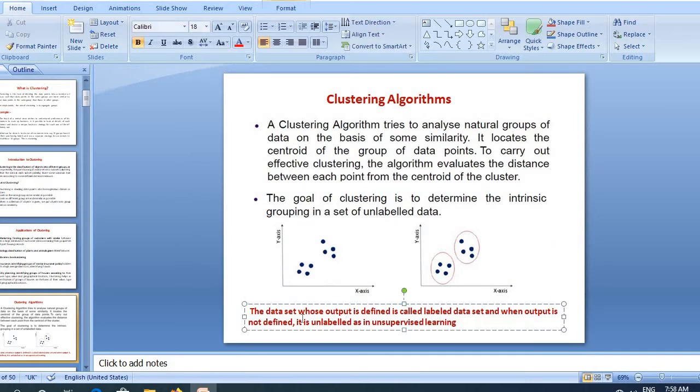The data set whose output is defined is labeled data, and if the output is not defined, it is unlabeled data. Usually in supervised learning you use a labeled data set, because the input data set is provided with an output data set or target data set. But in unsupervised learning you just provide the unlabeled data, or just the input data set or the data points.